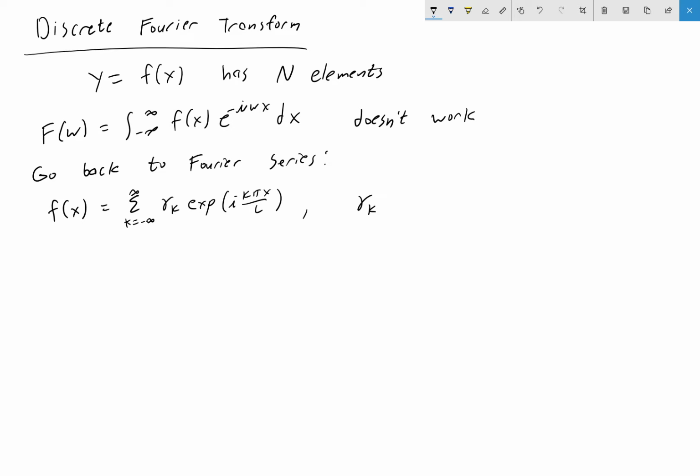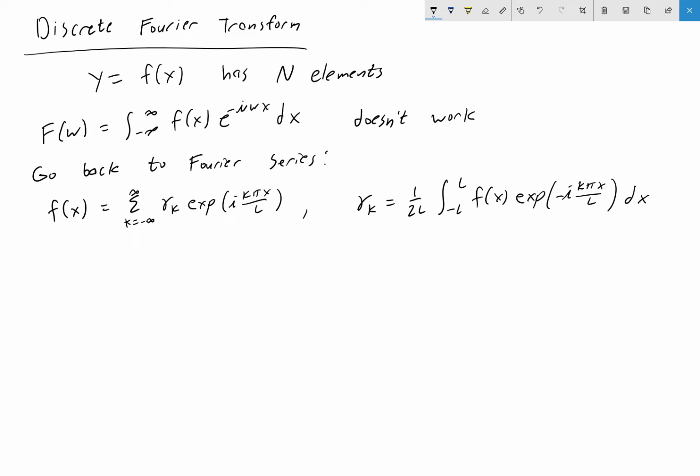And each of those coefficients is found by integrating.